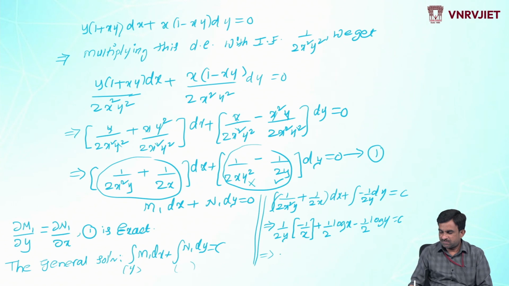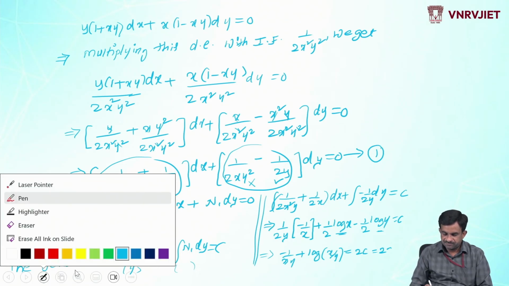That implies minus 1 by xy plus, I want to take 1 by 2 outside here, I want to bring this 1 by 2 to that side, so log of this in the form log a minus log b, that is log of a by b, is equal to, bring this 2 to this side, so on the RHS this becomes 2c, or you can write this as some c star.